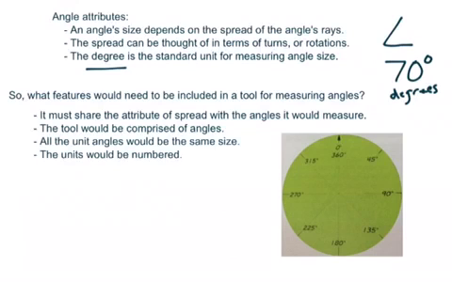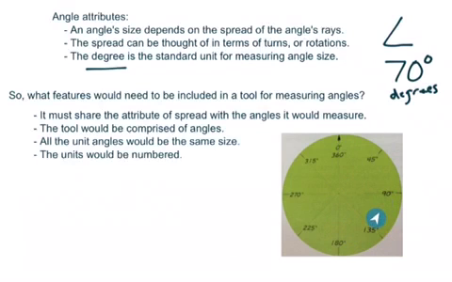The tool will be comprised of angles. So take a look at this example right here. This is a pretty rudimentary protractor, or compass, we could call it as well. Not the kind of compass that we use to say north-south, but another kind. But you see how it has angles on it, right?